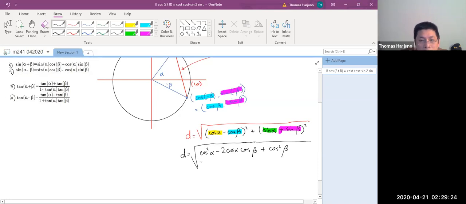And then plus the second term. When I FOIL that, I get sine squared alpha plus 2 sine alpha sine beta plus sine squared beta.